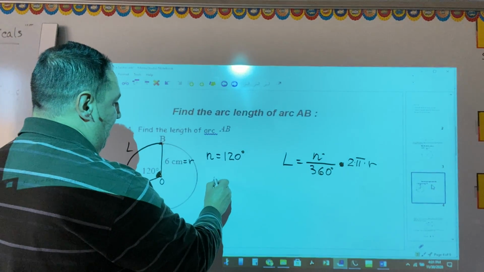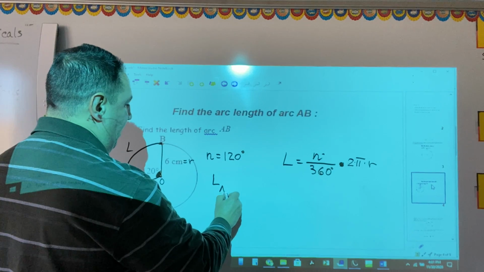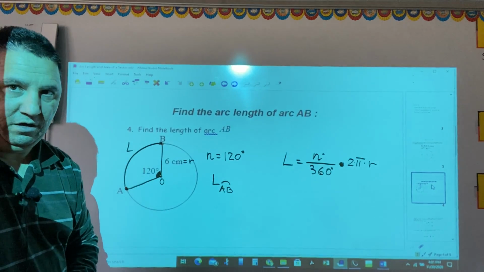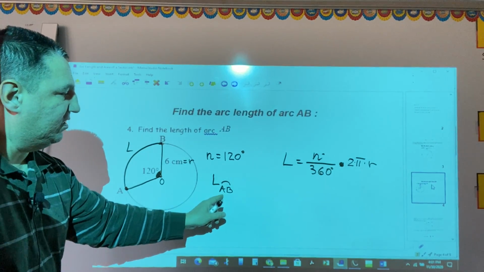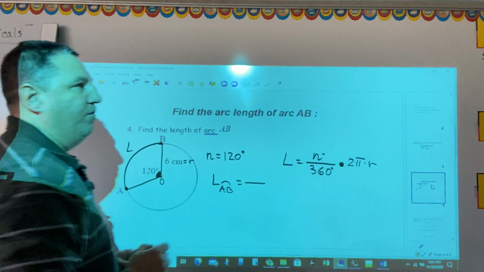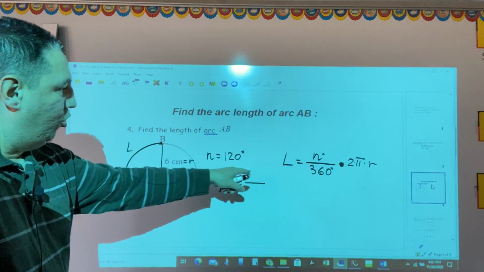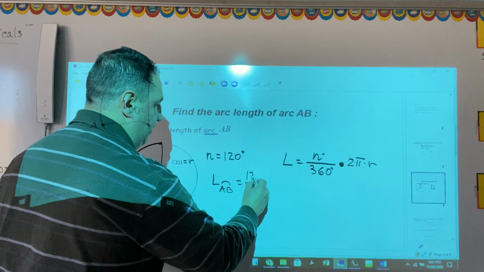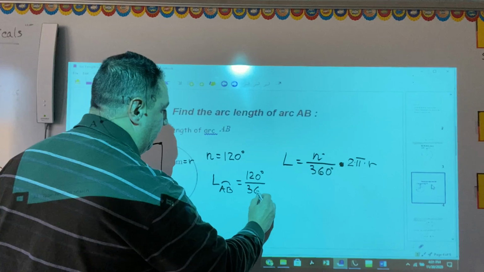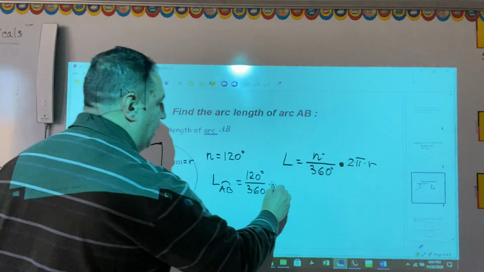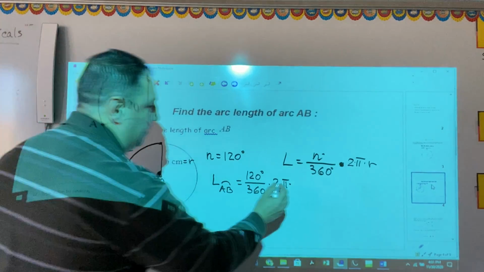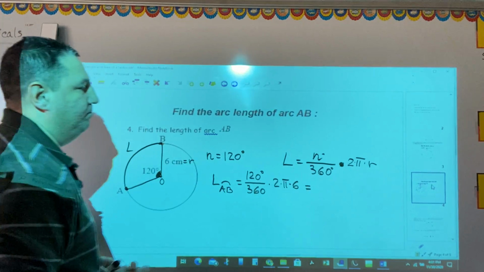So, length of arc AB, remember the notation for arc length is this symbol, equals, we write fraction line. On top, you'll write 120 degrees over 360 degrees times 2 times pi times r, which is 6, equals.